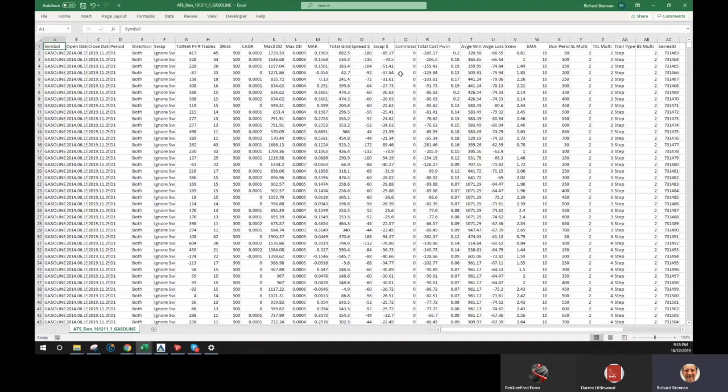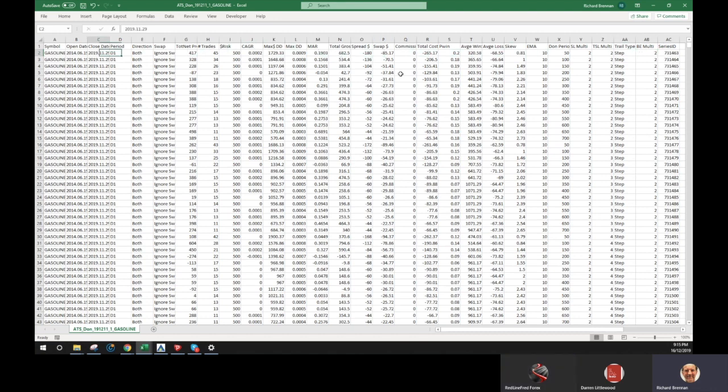Okay, so to explain gasoline, I'm just going to show you each one of these rows represents a permutation. So in this row here, you see that we are using a Donchian period of 50. We're using an initial stop loss of 2 ATR, a trailing stop loss of 2 ATR, and a break-even multiplier of 2 ATR.